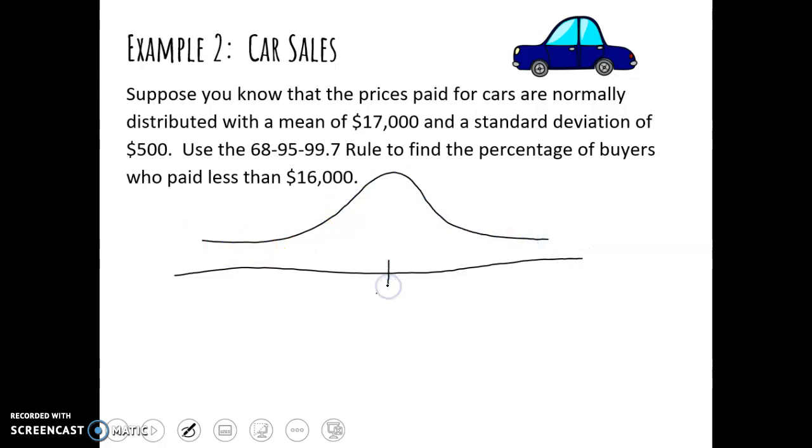So we have 17,000 in the middle. If we go up 1 standard deviation, we get 17,500 because the standard deviation is 500. If we go up 1 more standard deviation, we get 18,000.